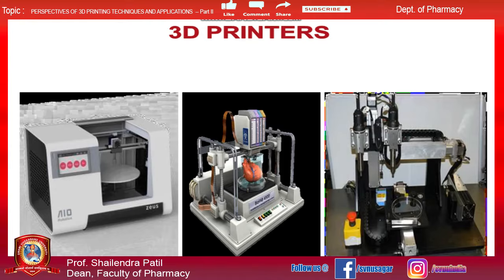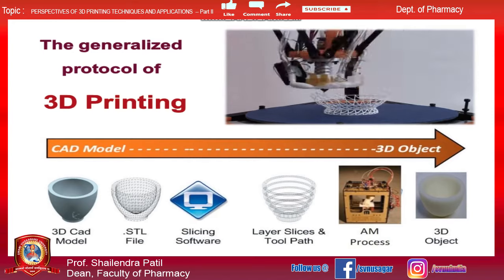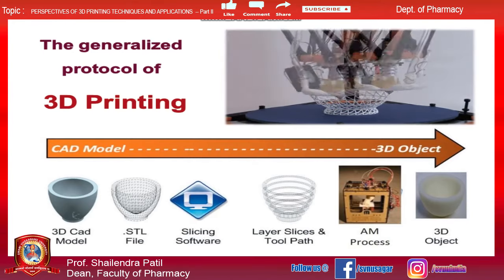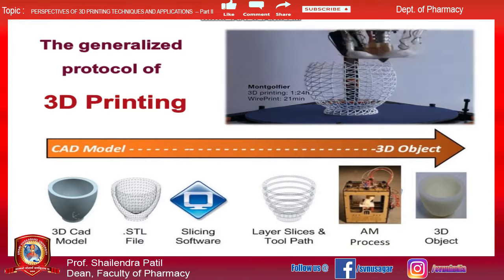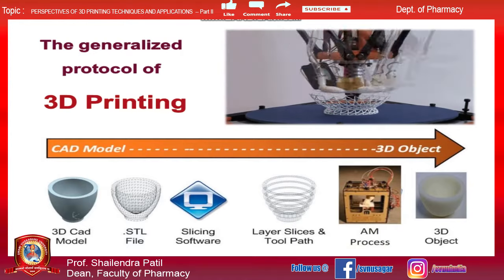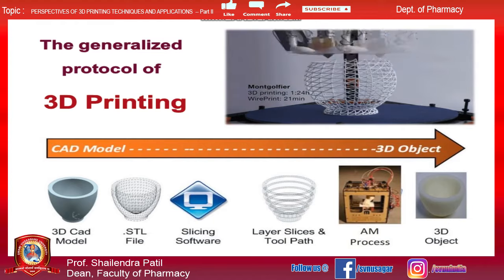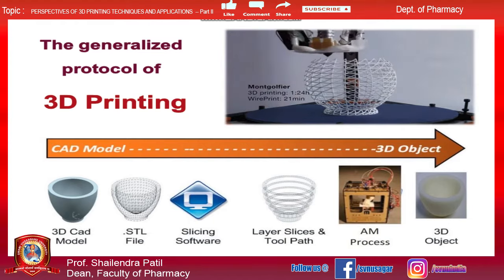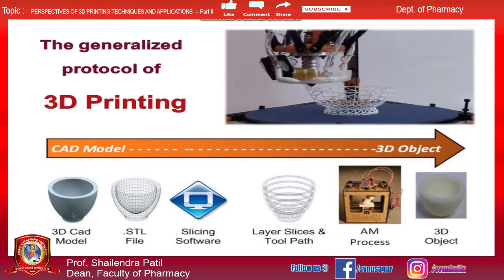of objects. The generalized protocol of 3D printing: what is the protocol of this printing? It is generated by using computer aided design modeling, and that leads to the various steps for developing this, and you get your object.